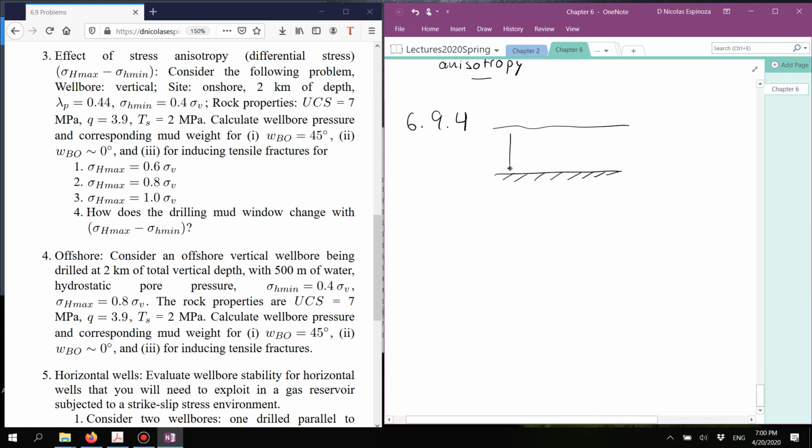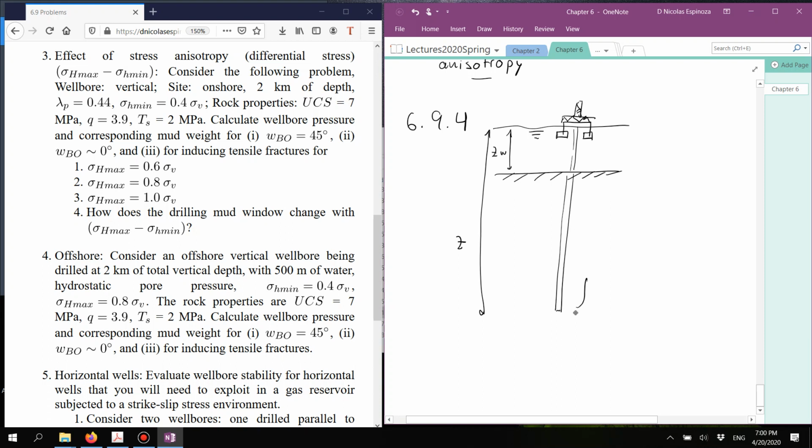And in this case, of course, you should take into account the depth of the water. And you have to compute similarly for this case, at a given depth, the conditions of wellbore stability for a wellbore at a given depth.